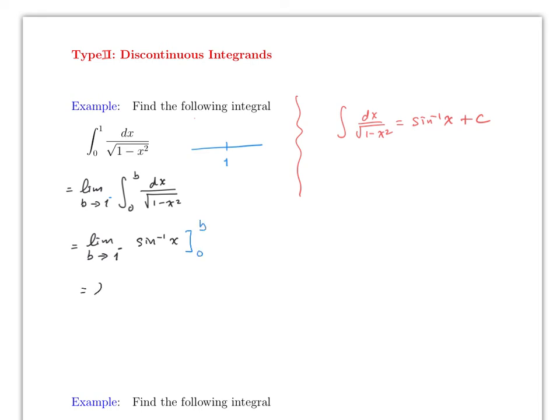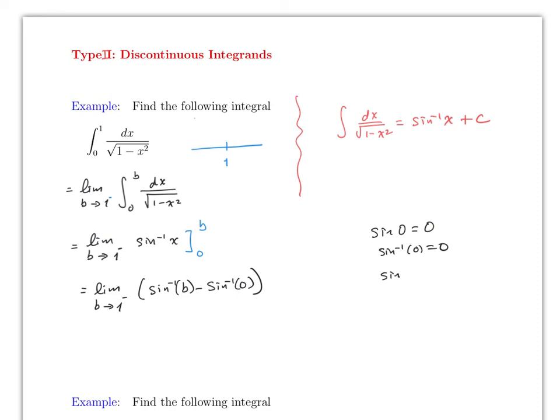So this will give you the limit as b goes to 1 from the left side of sine inverse of b minus sine inverse of 0. And just like we did with tangent, remember that sine of 0 is equal to 0. So that means the sine inverse of 0 is also equal to 0.